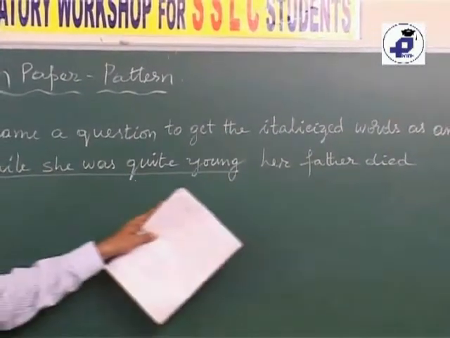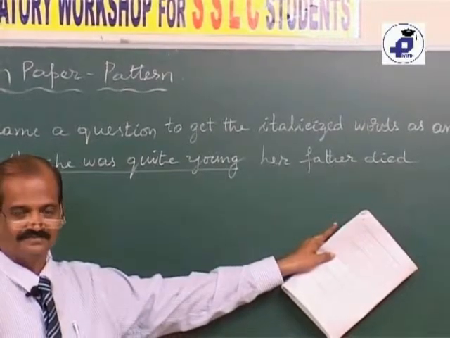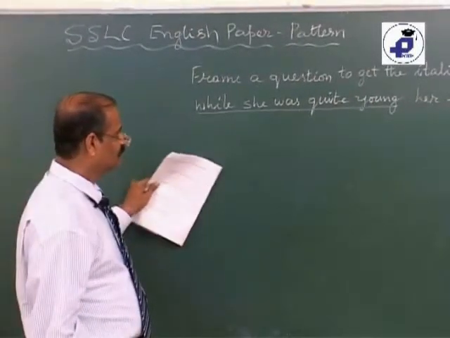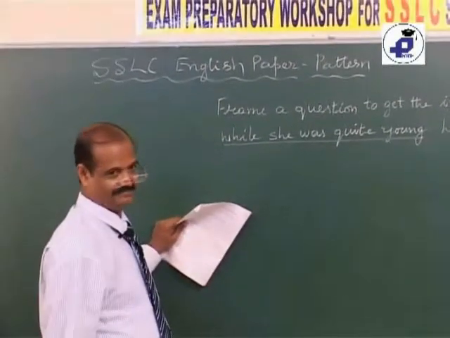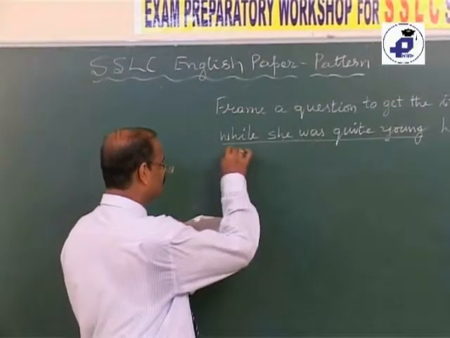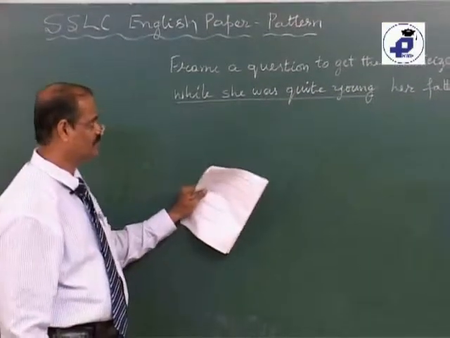While she was quite young, her father died. Now understand the meaning of the sentence, then you have to frame a question. You are asked to frame a question, and the answer for the question should be "while she was quite young". So how do you frame the question?